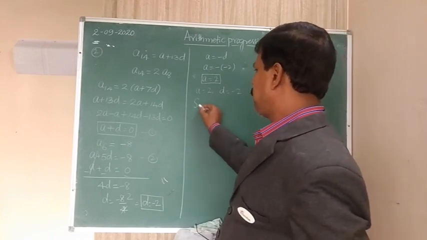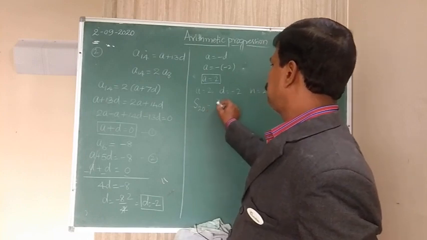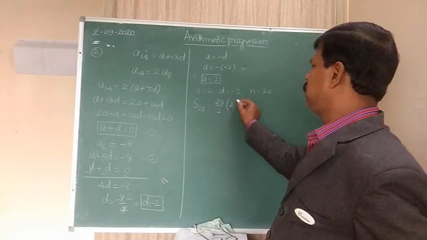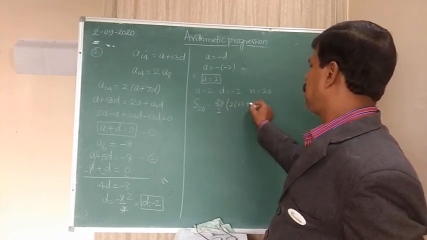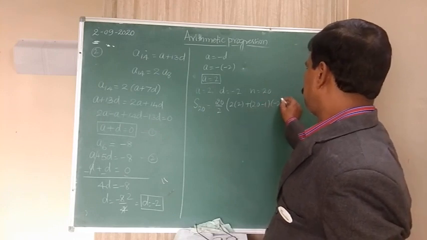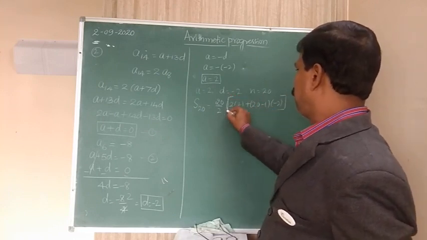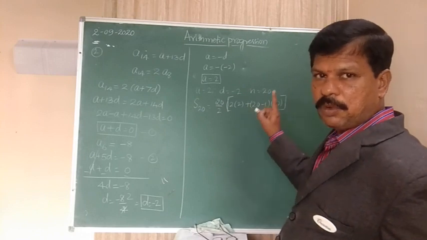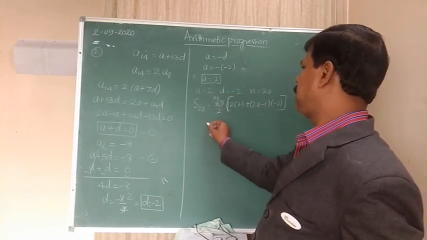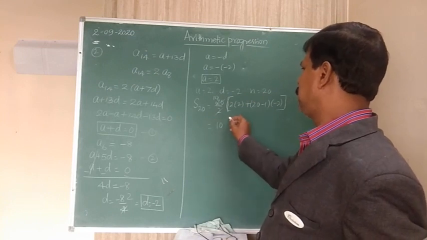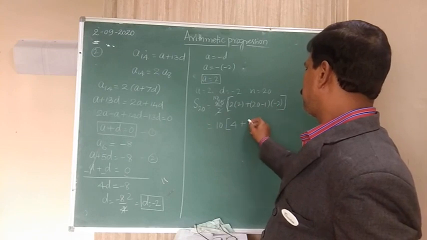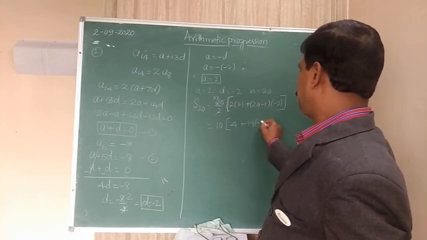Now S20 equals 20 by 2 into 2 into 2 plus 20 minus 1 into minus 2. Here be careful. D is minus 2, so put the bracket. Now 2 ones are 2, 10s are 20. So this is 10 into 2 twos are 4 plus 20 minus 1 is 19 of minus 2.